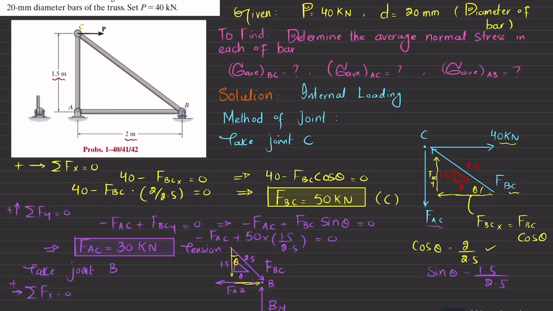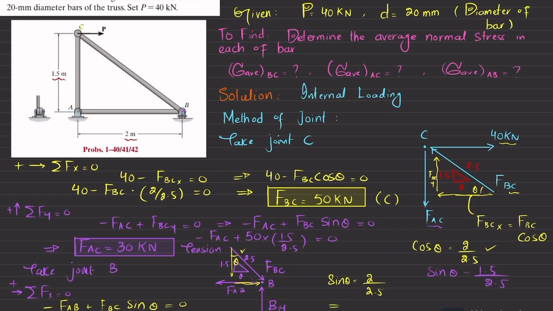If we take sine of theta, sine of theta will be equal to 2 divided by 2.5 for this angle. So here this component will be FAB in negative direction, so minus FAB plus this component FBC into sine of theta will be equal to 0.